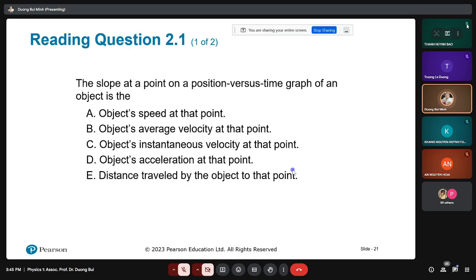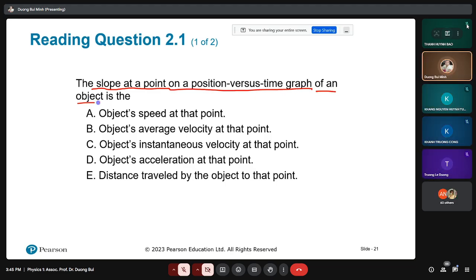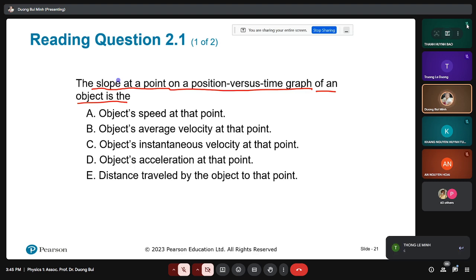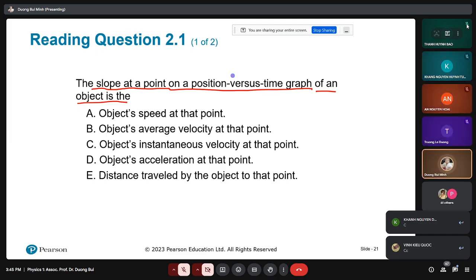Now, the slope at a point on a position versus time graph of an object, the what? Remember, we have position versus time. Position means x. So the y-axis is x position, and the x-axis is time.